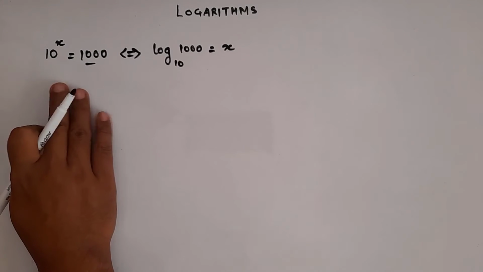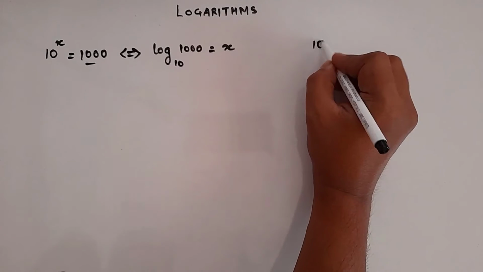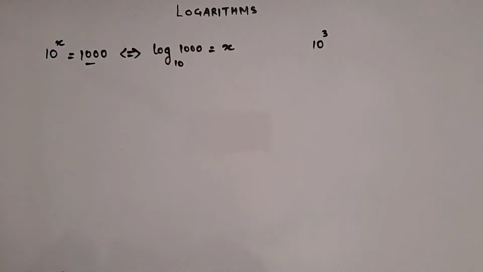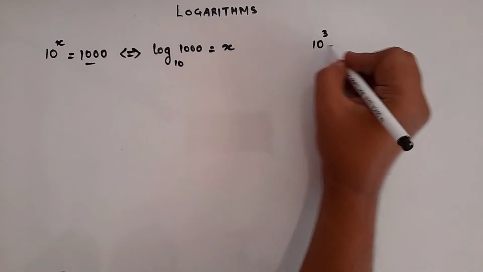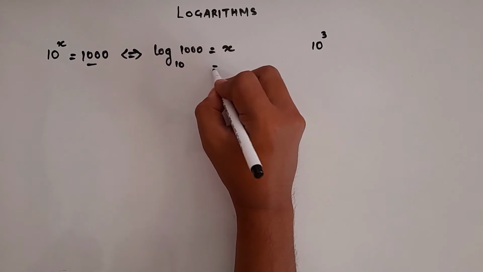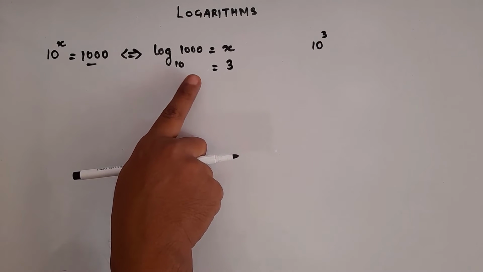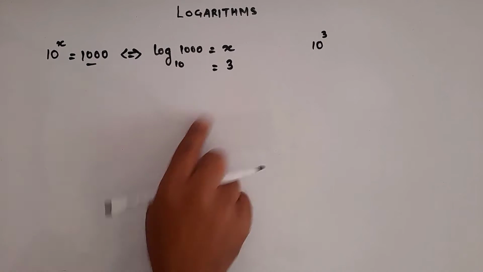However, this is a very simple problem. We know that if we raise 10 to the power of 3, so that is 10 multiplied by itself 3 times, that should give us 1000. So here we know that the value of x is going to be equal to 3. So we can say the logarithm of 1000 to the base of 10 gives us the value of 3.